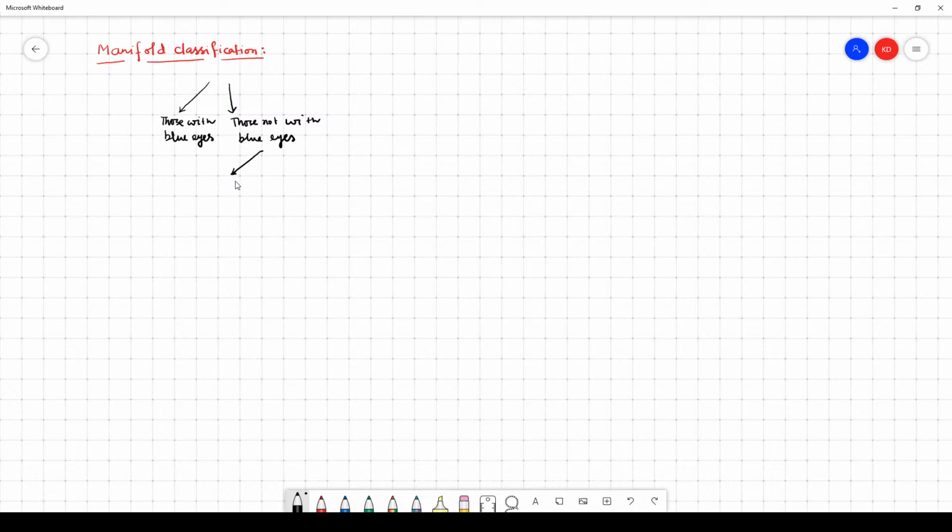One, those with brown eyes, and this is those with neither blue nor brown.